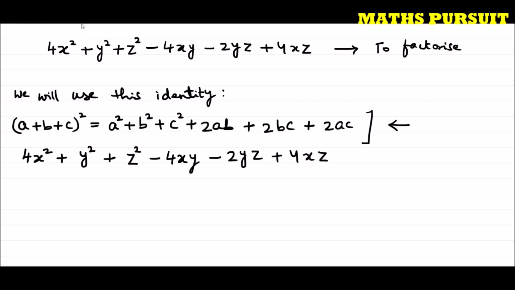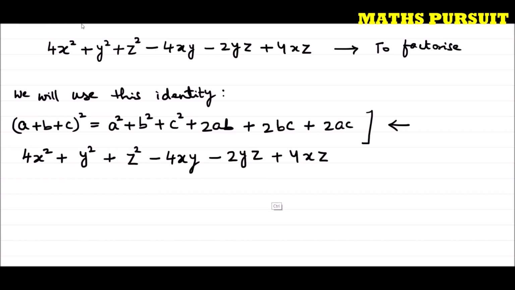Now let us focus on this part, on these three terms. Here you could see that the question has given us −4xy, −2yz and +4xz.